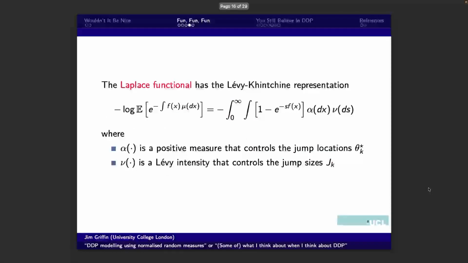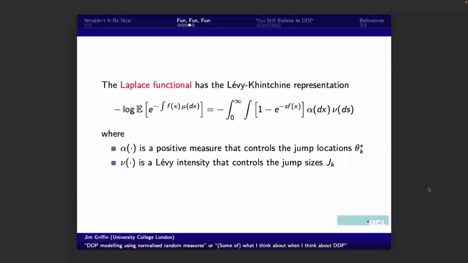And the way that we can think about those kinds of processes is through the Laplace functional. The Laplace functional is important, both in terms of understanding its properties, and also in terms of the computation. So it turns up in the computation.